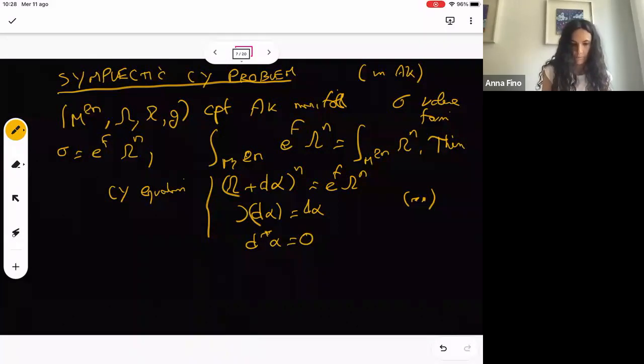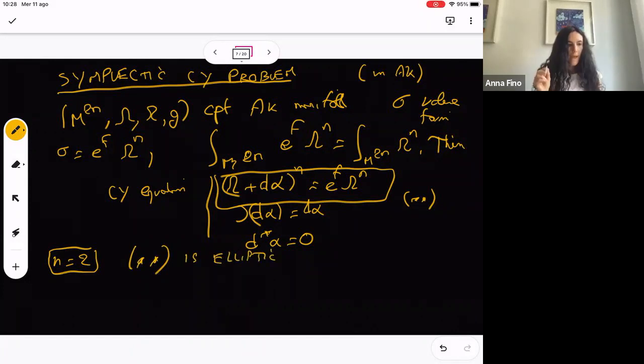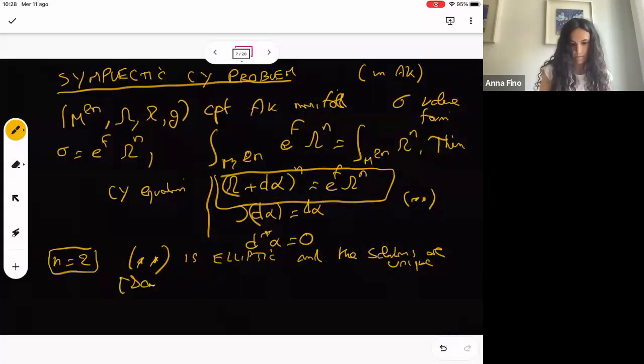What happens for our equation? For n equal to 2, so in real dimension 4, our equation is elliptic. And the solutions are unique. I will show you the proof. This was shown by Donaldson. This is a very geometric proof, not an analytic proof.